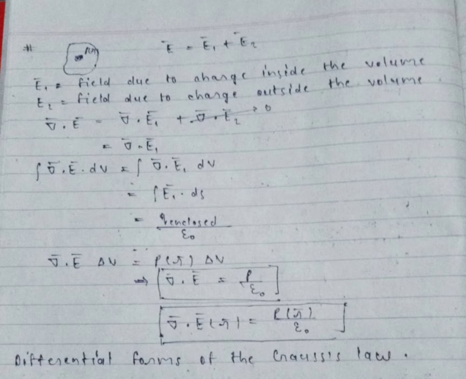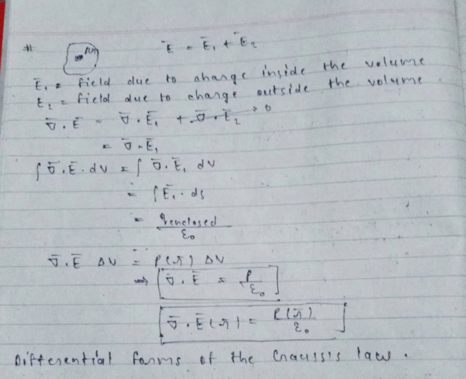So, if I now write the volume integral of divergence of E at a point integrated over the volume, this is equal to divergence of E1, where E1 is the field due to charges surrounded by this surface, dV, which I can write as E1 dot ds over the surface, and this is nothing but equal to charge enclosed by epsilon 0 in this volume, which we just saw a few minutes ago.